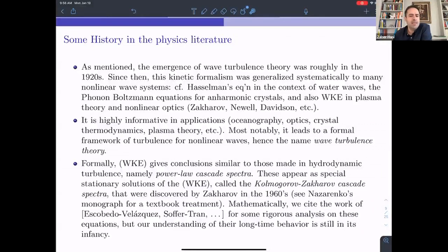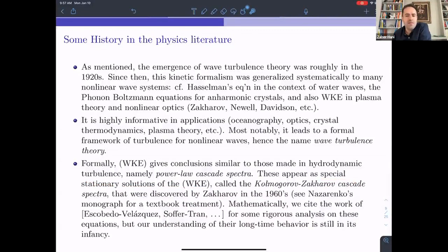So formally, this wave kinetic equation gives us conclusions similar to those made in hydrodynamic turbulence. In particular, there come out of this wave kinetic equation some power law cascade spectra, which are basically just special stationary solutions of this wave kinetic equation.